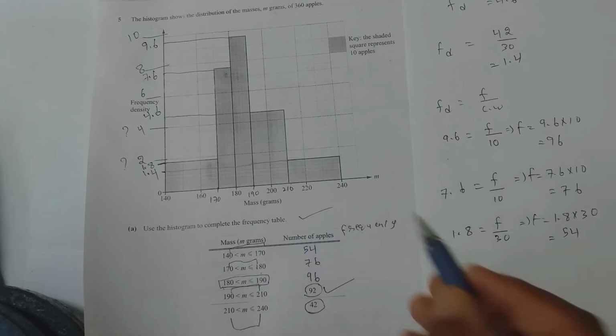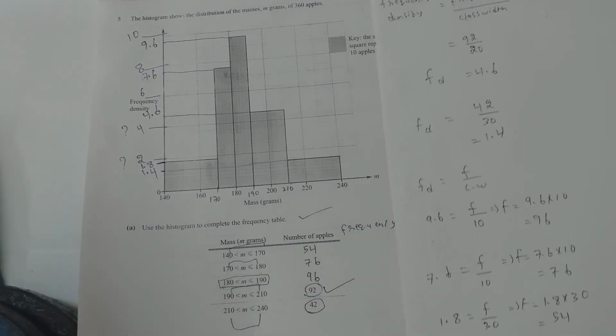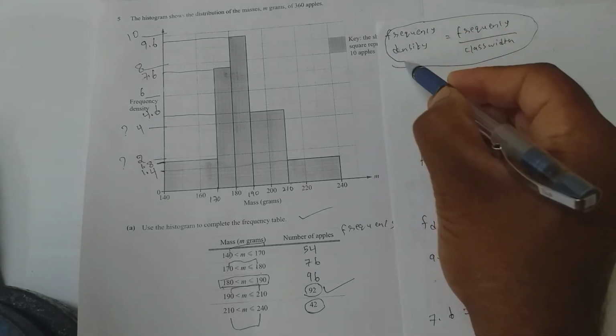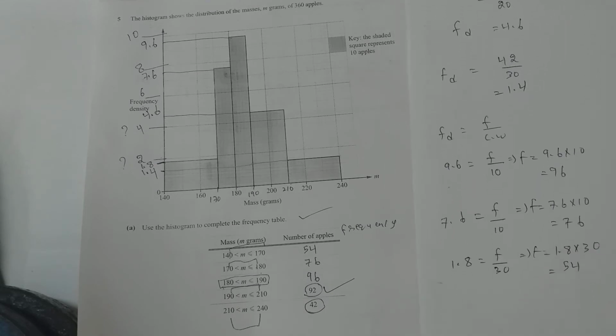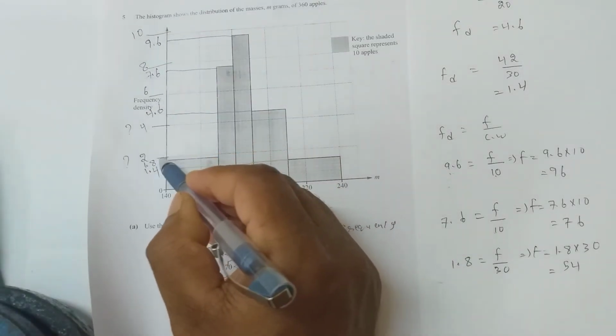Using the histogram, we have completed the frequency table. Am I clear? And what formula have we used? The formula frequency density equals frequency by class width. Did you understand this? We are sending the denominator to the other side to calculate frequency. These two values we used to find this number.